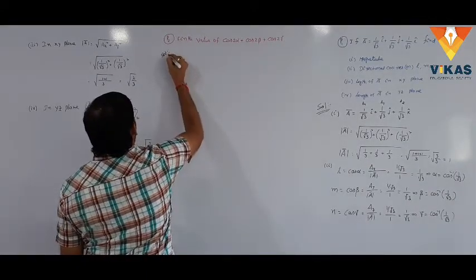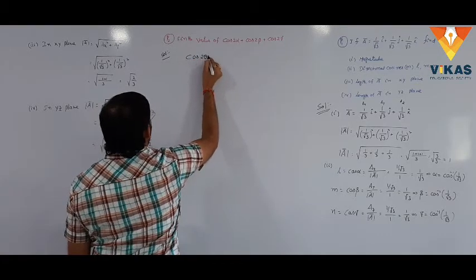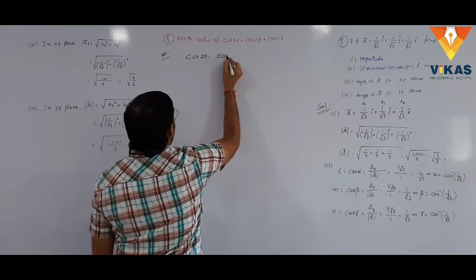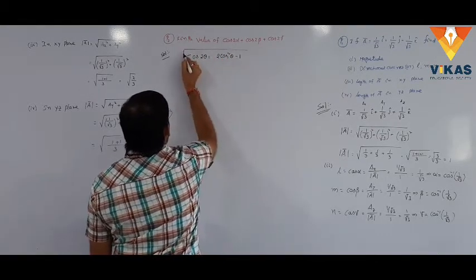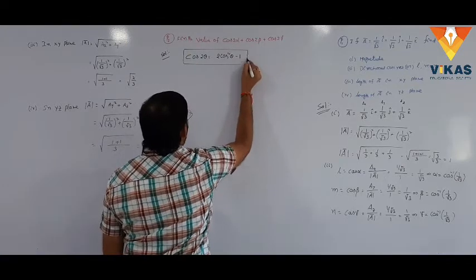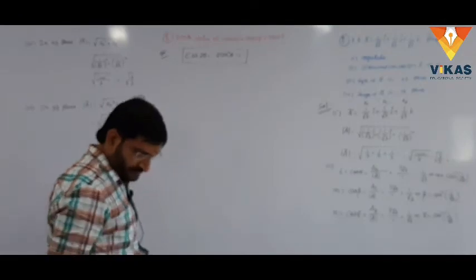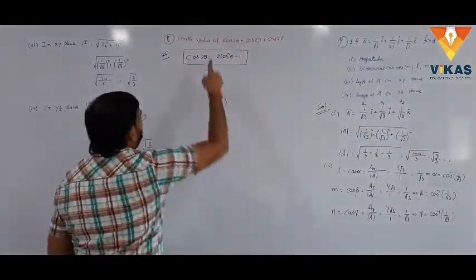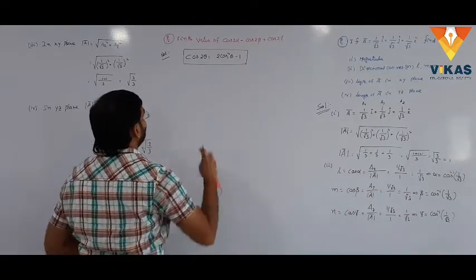In trigonometry, one formula is there for cos 2 theta. Cos 2 theta equal to 2 cos square theta minus 1. Listen, very most important. This is the formula for cos 2 theta.